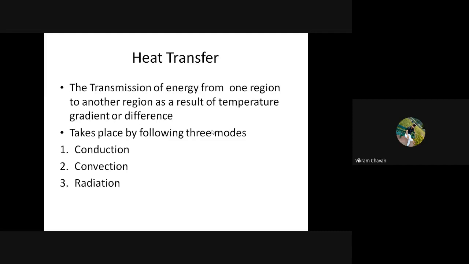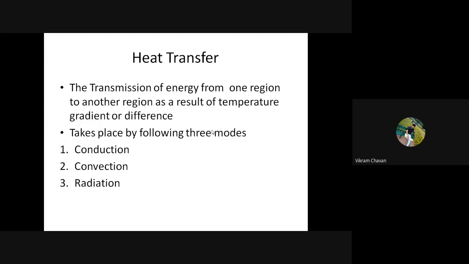Non-equilibrium state is not found in thermodynamics, so this heat transfer subject differs from the thermodynamics subject. Here we are dealing with the non-equilibrium system because we have to check whether there is a temperature gradient or not.